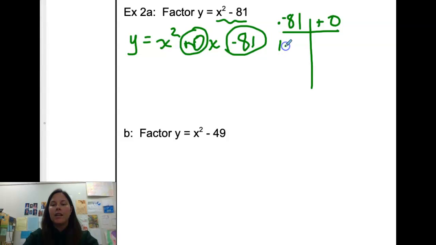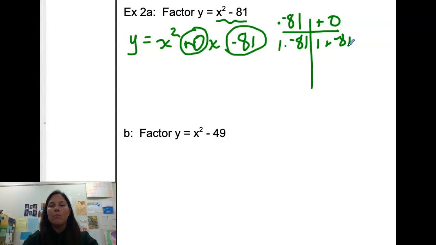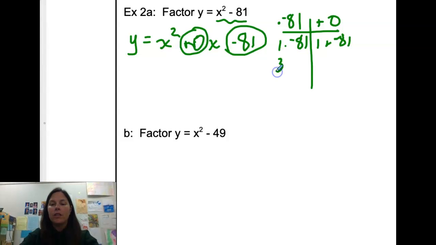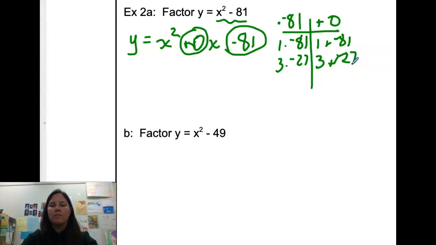So 1 times, this time I'm going to try negative 81. 1 plus negative 81 is negative 80. Again, multiplying to a negative, we need one positive, one negative. 2 does not go into 81. 3 does. 3 times, I'm going to try negative 27. 3 plus negative 27 would be negative 24. 4 does not go into 81, nor does 5, 6, 7, or 8.